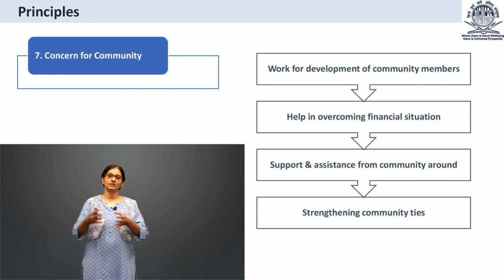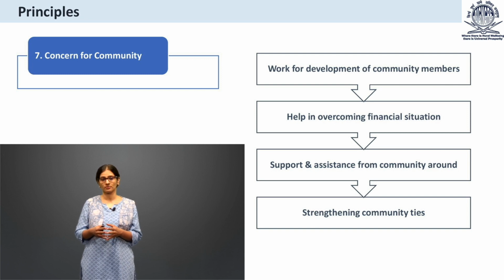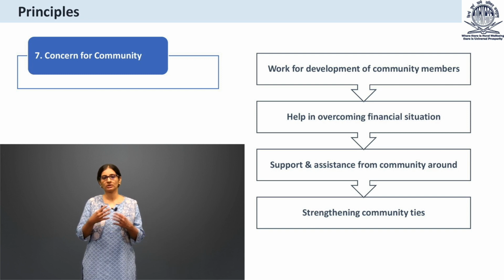The very process of a cooperative strengthens community relationships and also improves ties within the community. So the main purpose and objective of a cooperative is a concern for the community and its development, growth and strengthening of ties. So that is principle 7, concern for community. So these are the 7 principles.